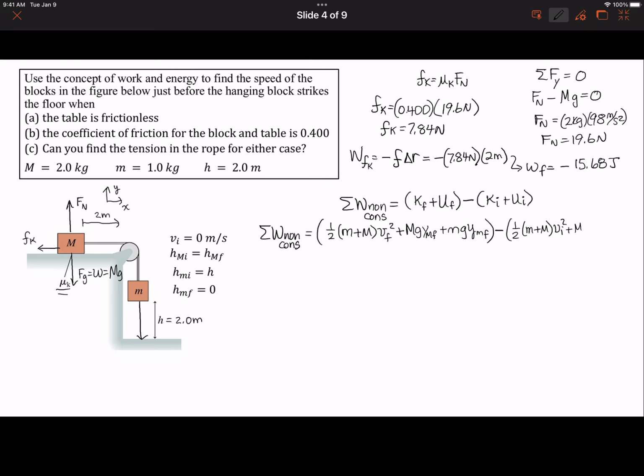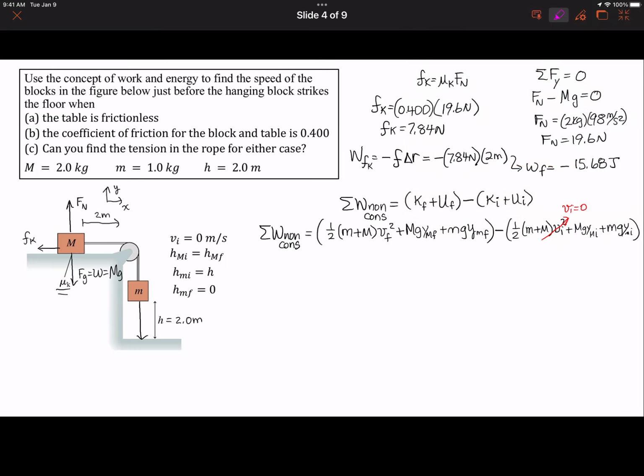And then each might have potential energy initial. So many of these terms can cancel out because the block starts from rest, so the initial velocity of the whole system is 0, so that term cancels.